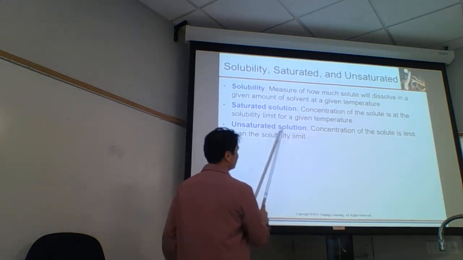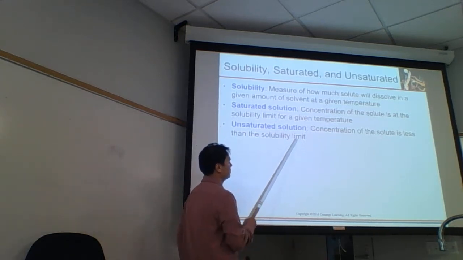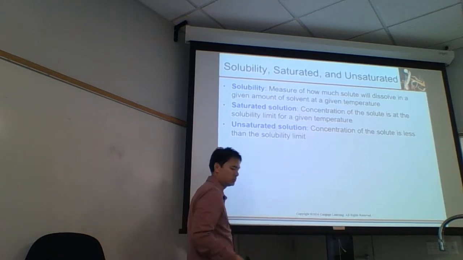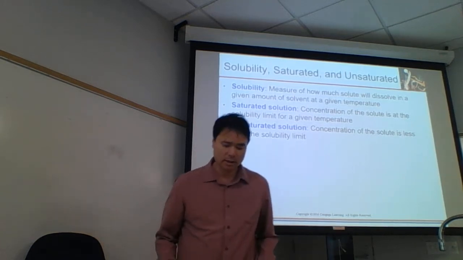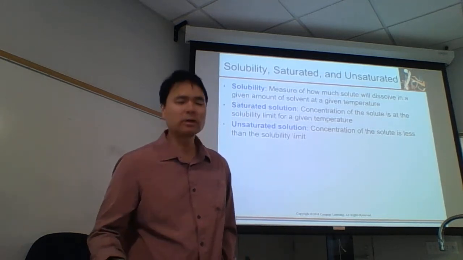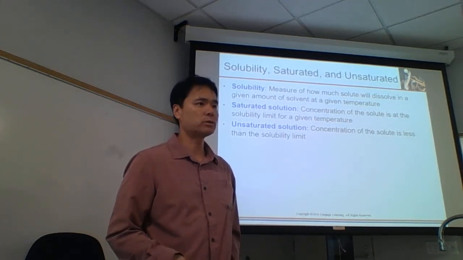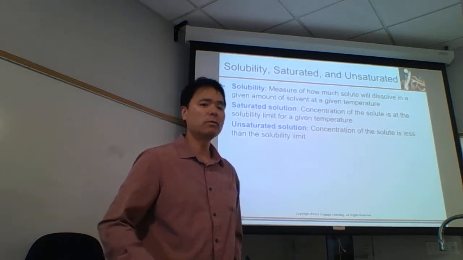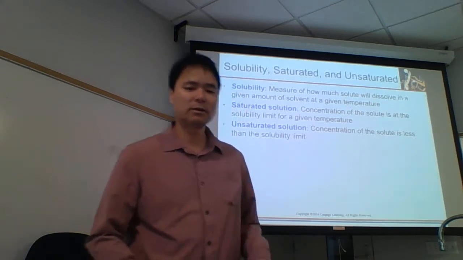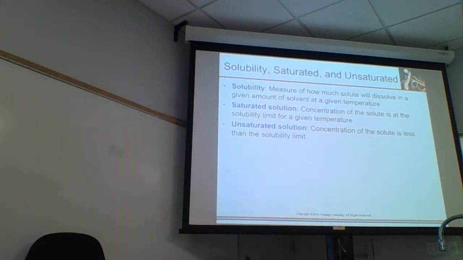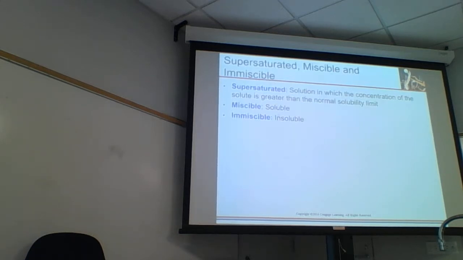However, if it's unsaturated, we haven't hit that limit. So an unsaturated solution has not hit that limit. Sometimes you could have more than 100%. If you have more than 100%, it's called supersaturated. It's unstable though. It cannot be sustained. We'll talk about that in just a second.